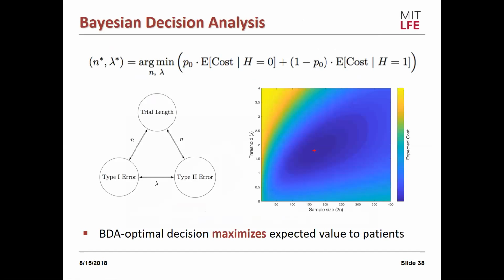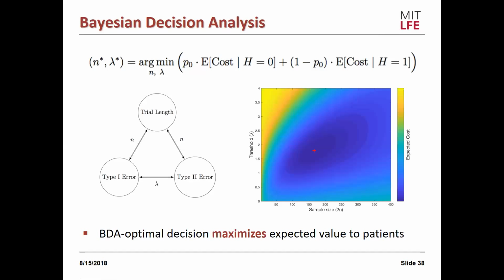So the optimization tries to optimize over these parameters, n, the number of patients in our trial, and lambda, our decision threshold, such that we're minimizing the average harm to patients. The figure on the right of this slide is just an illustration of how this optimization searches for these optimal trial design parameters.